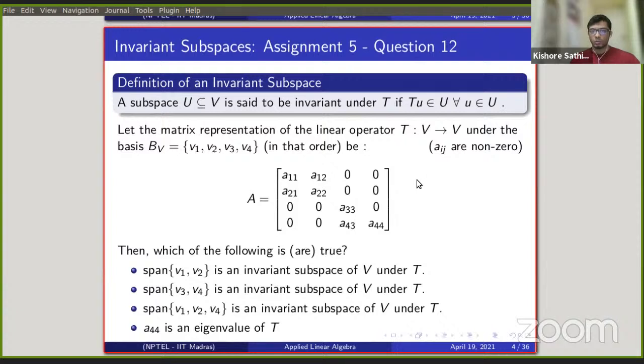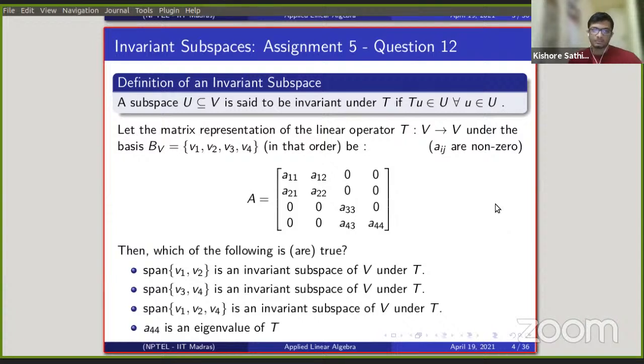A subspace U, which is a subset of V, is said to be invariant under T if Tu belongs to U for all u in U. It's not necessary that if you have a subspace W of V and you take a vector in W and apply T to it, the resulting vector stays inside W. But if it does, then it's called an invariant subspace.